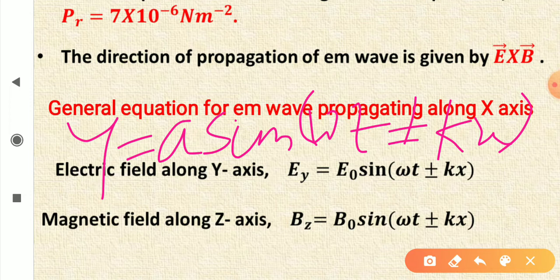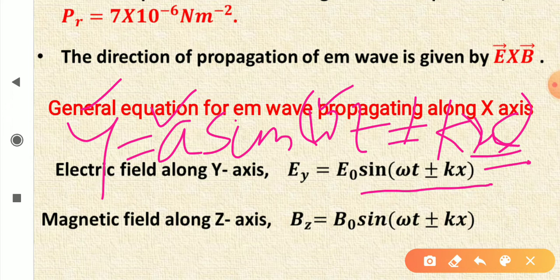Here y is the displacement, a is amplitude, omega is angular frequency, and this is kx. This x gives the direction of propagation of wave. So if the wave is propagating along x-axis, we will get this relation sine omega t plus minus kx. And since we are talking about electric field, we will get amplitude of electric field here and displacement of electric vector.